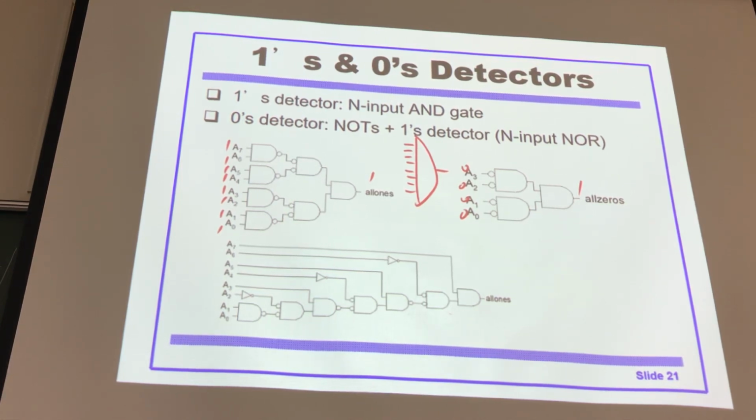These two are 8-bit one detector. Which one is faster? Like VLSI. Choose this one, right? You only have 3 stages. You have so many stages of delay here, right? It must be slower than this one.